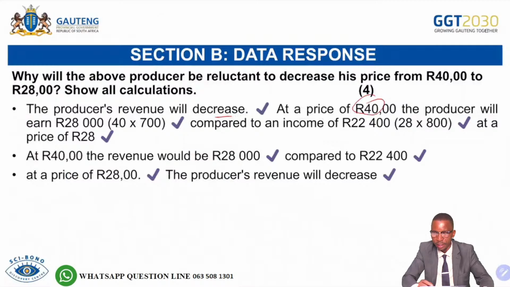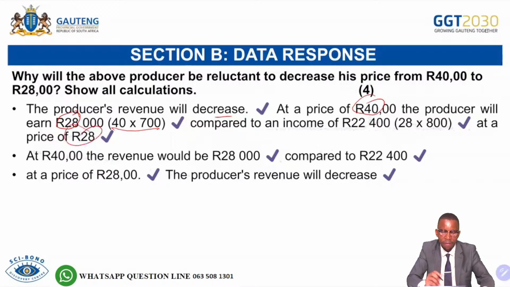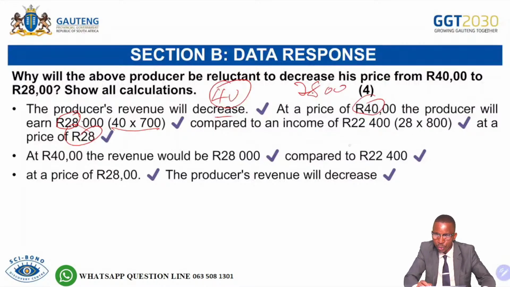At the price of 40 rand, the producer will earn 28,000, that is 40 times 700, compared to an income of 22,400, that is 28 times 800, at the price of 28 rand. So let's check. If the firm is selling at 40 rand, the income received is 28,000, and at 28 rand it is 22,400.